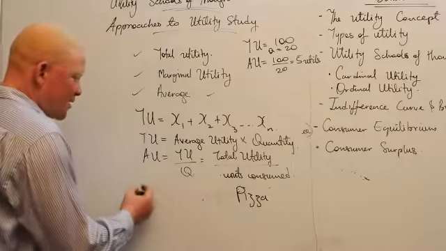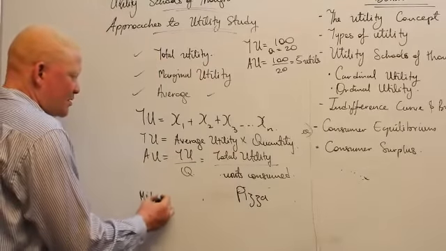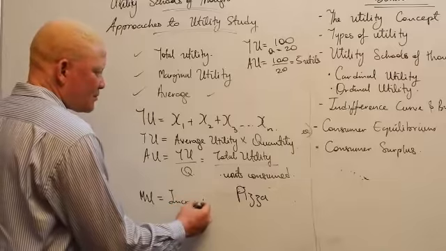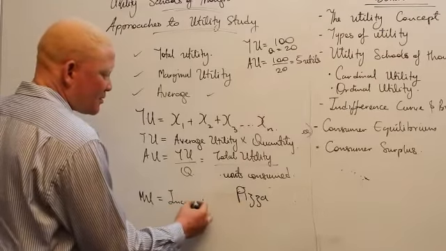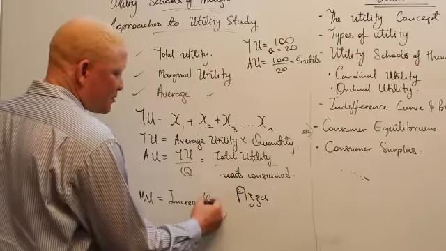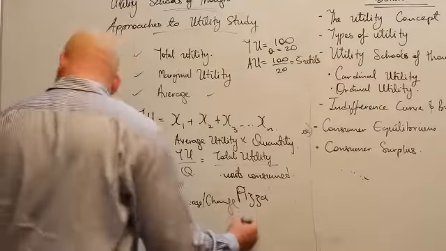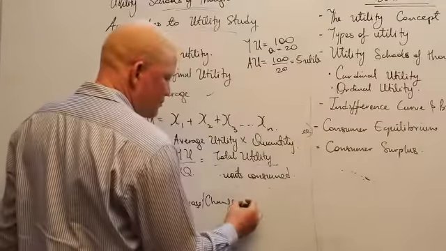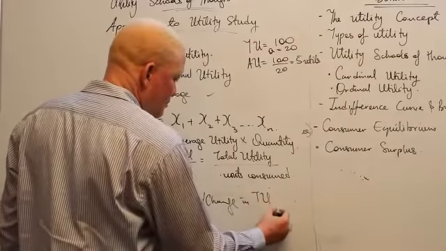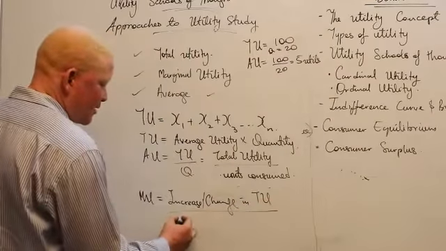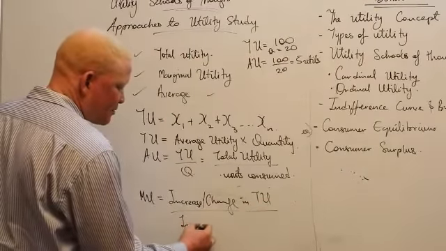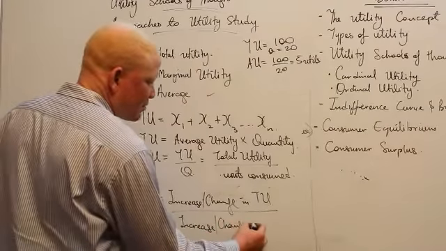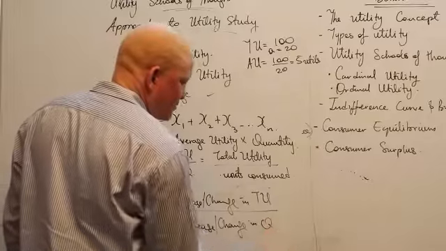Now, the formula: MU, marginal utility, is equal to increase or change in total utility divided by increase or change in quantity.